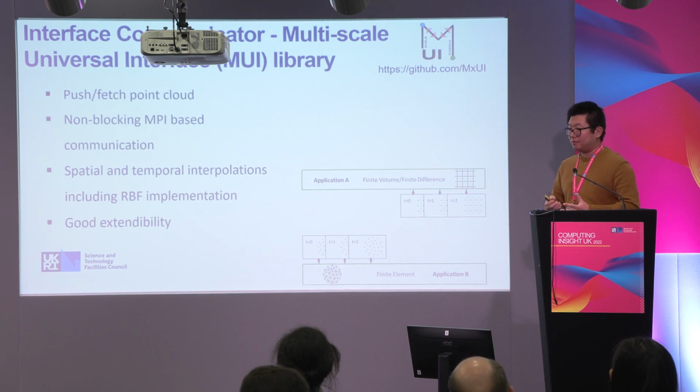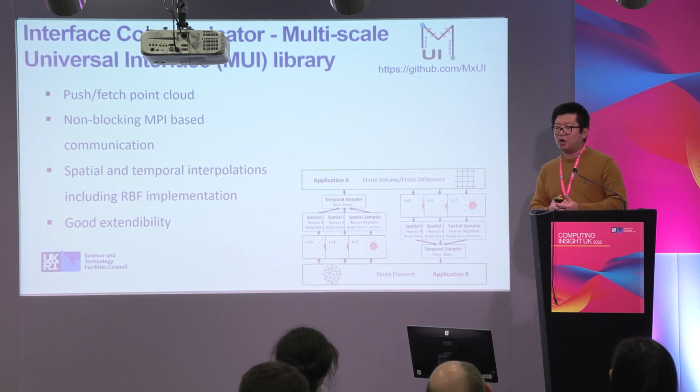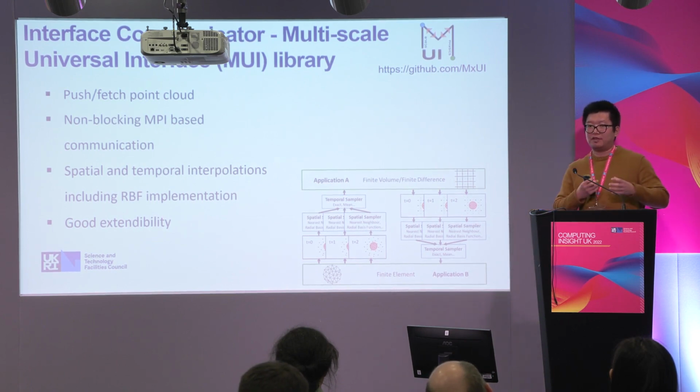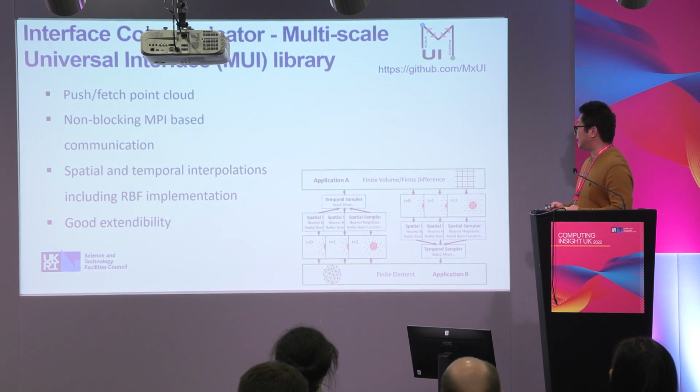And then the point clouds contain different time series. And the other application will, based on the point clouds, use the spatial or temporal interpolator, depending on the case it simulated, and receive the useful information from that point cloud of data.